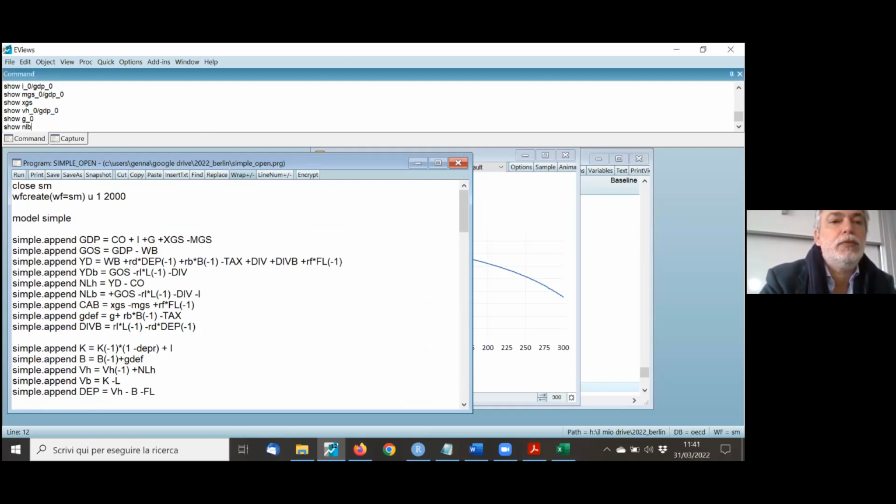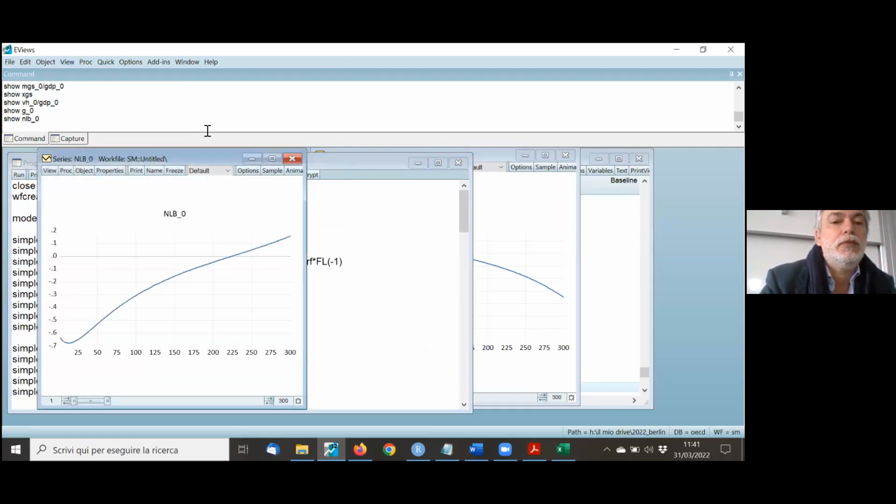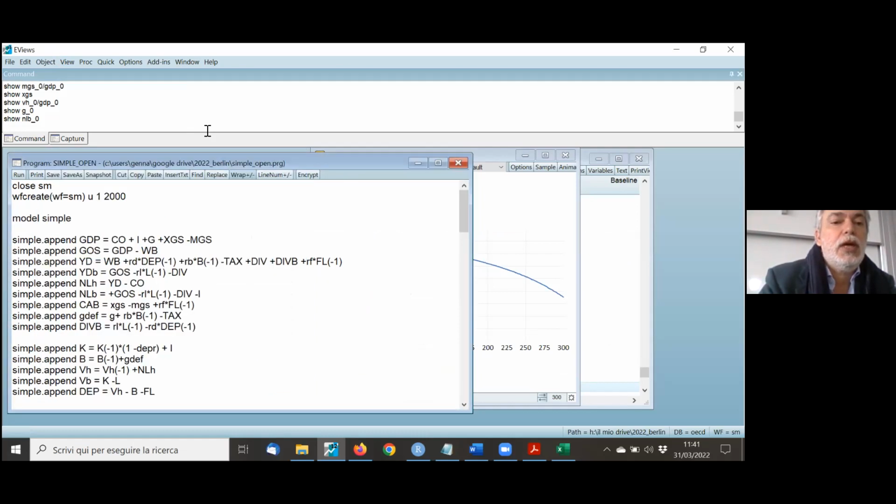But it's not enough. But we have some problems because the net lending, I think, is not what it should be.